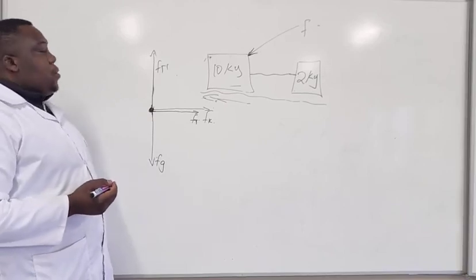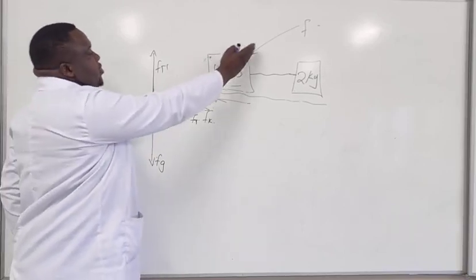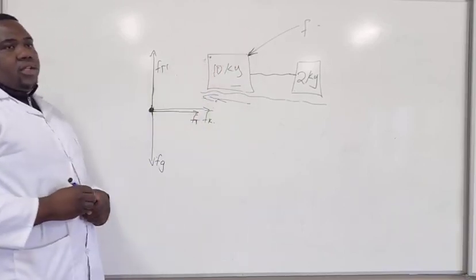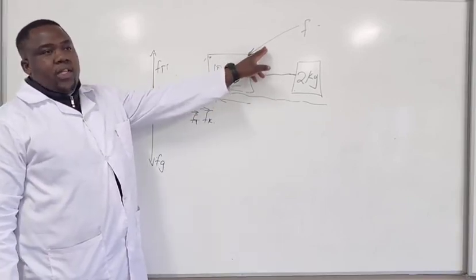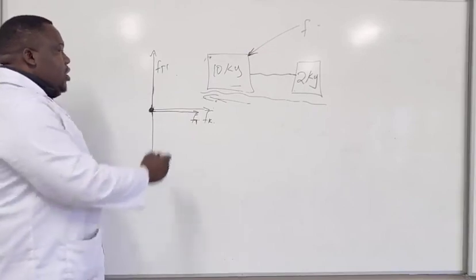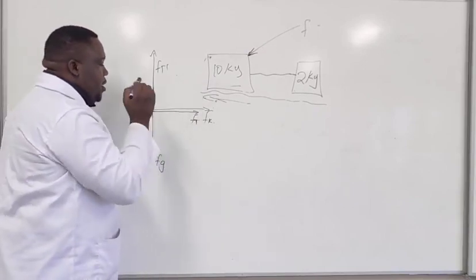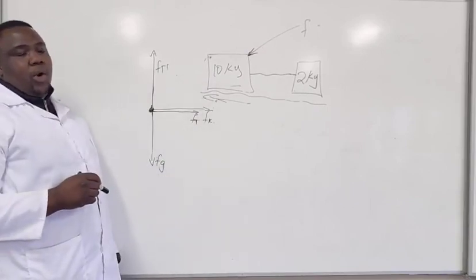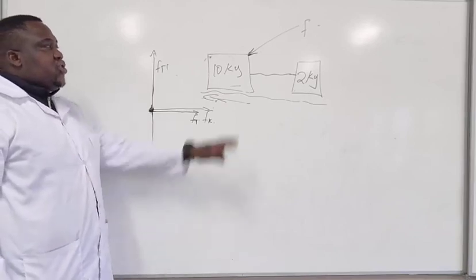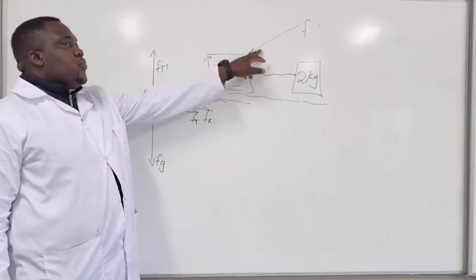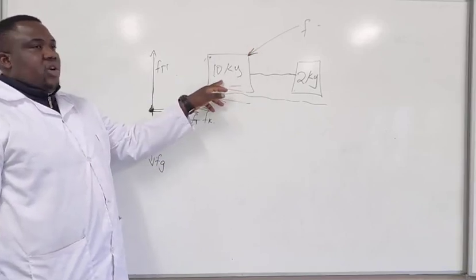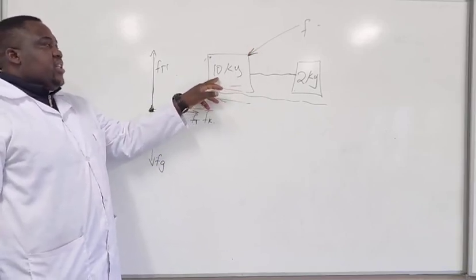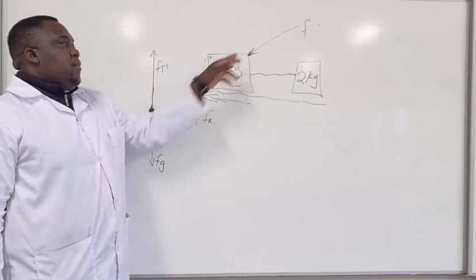Now we need to represent this force. The question is, where is this force pointing? Remember, we are not allowed to draw something that is going to point at the body. But we need to show in which direction this force pushes this object.